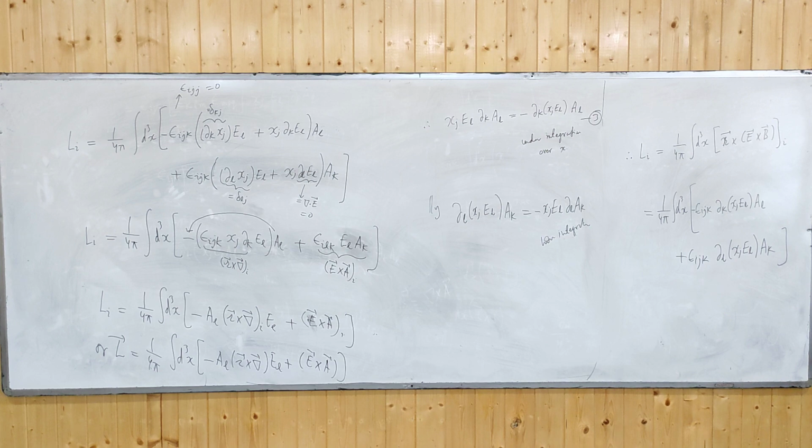So we need to calculate the average value of this E cross A for the field we are taking, the superposed waves. We need to calculate its average value, because ultimately you need to figure out the average value of certain quantity. So you got my point. The first term you can say is the orbital angular momentum, and the second term is the spin angular momentum of the electromagnetic field.